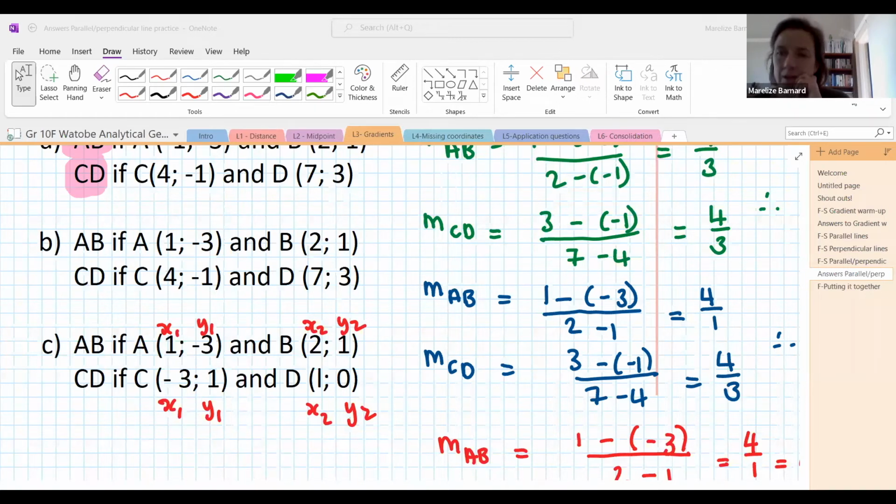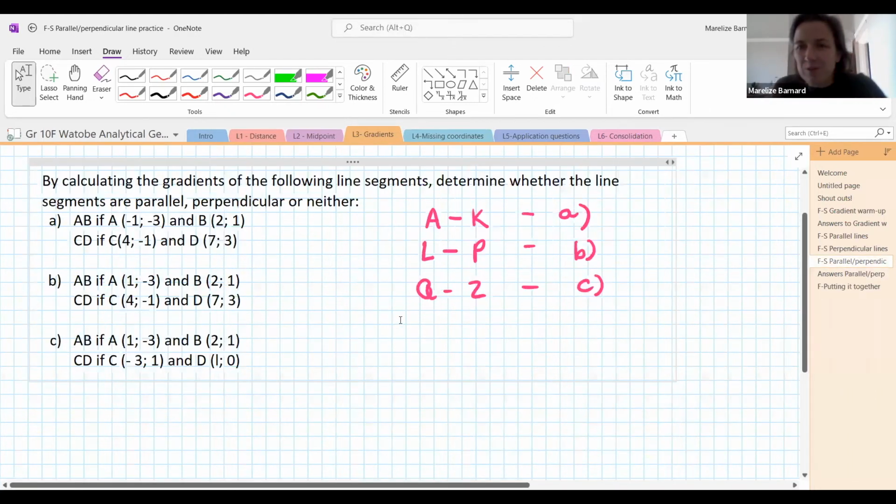So are they parallel, perpendicular, or neither? They're not parallel, and they're also not perpendicular because the two numbers don't multiply together to give you -1. So they're just random lines, nothing in common. Okay, thank you so much, Ntombizodwa.